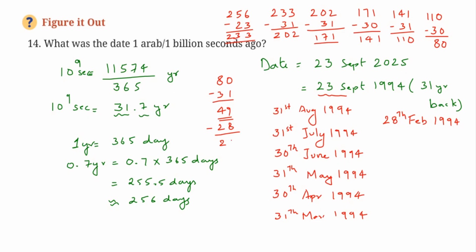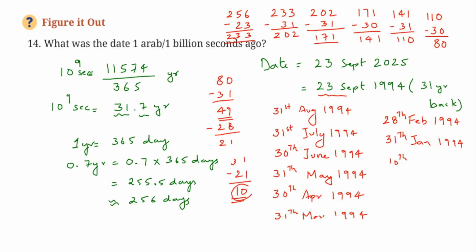I'll get the end of January. In January there are 31 days. So now I'll be at 31st January 1994. Now I have to go back 21 more days. So when you go back 21 days from 31st January, 31 minus 21 is 10. We get 10th January. So there are no days left now; I have subtracted all the days.